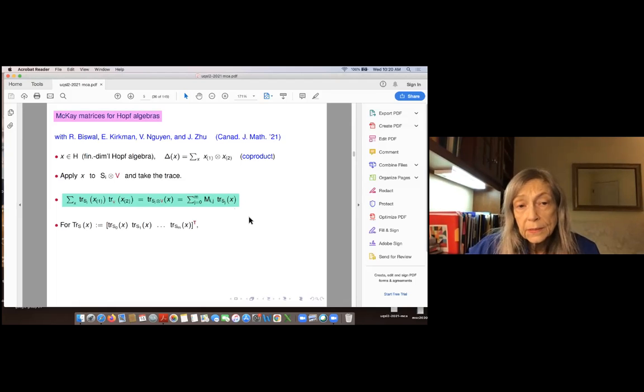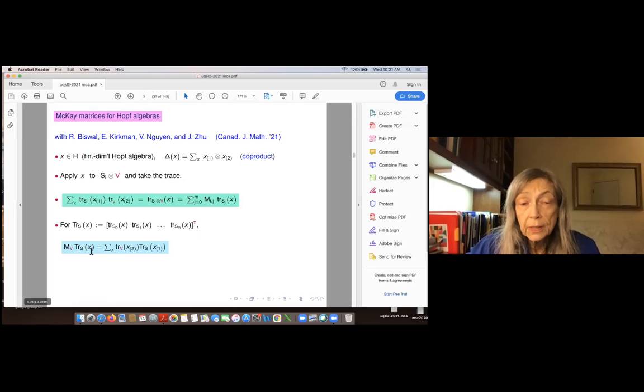Now I'm going to write this equation a little bit differently. I'm going to form a vector with the traces of X. So I take an element X and I just evaluate the traces, the characters. This is actually a column vector. And what you can show is that this is an eigenvector for the McKay matrix.